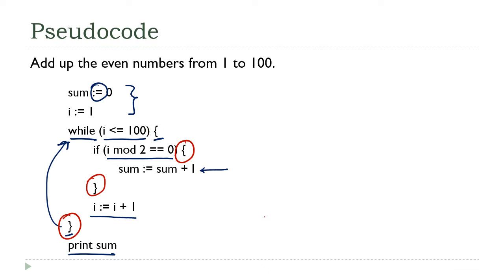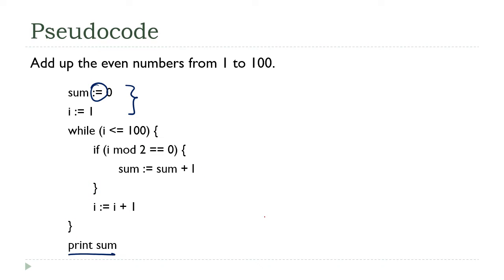They would take these out, clean up a little bit, and just leave it up to the indenting. Everything that's indented one step from that if line is what's executed if the condition is true. And everything that's indented one level from the while statement is part of the while loop.